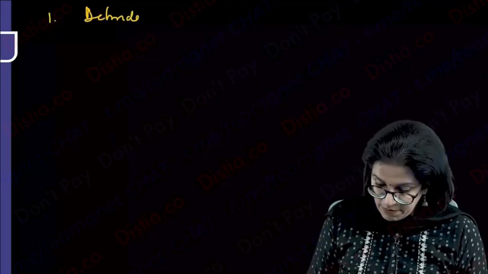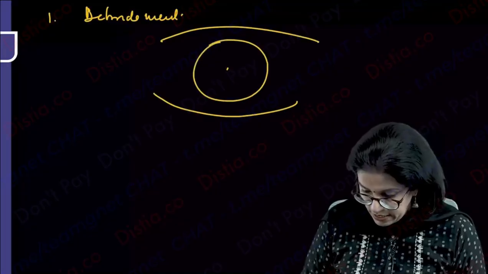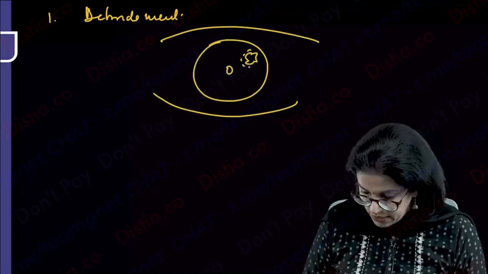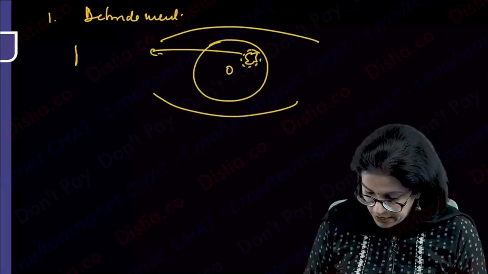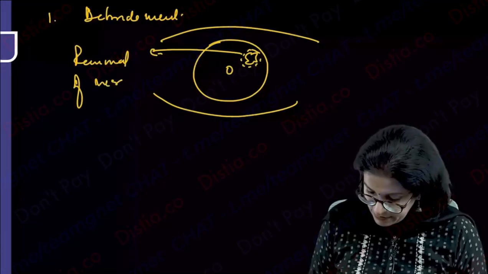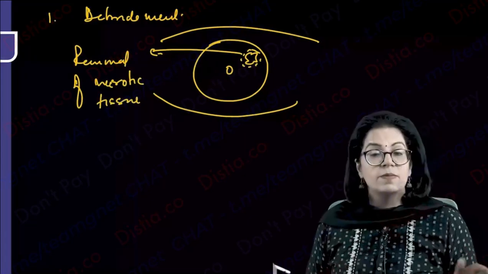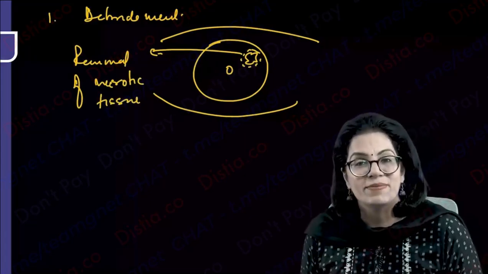What is debridement? I am removing the necrotic tissue from the ulcer area. This is debridement. It helps in healing of the epithelium.